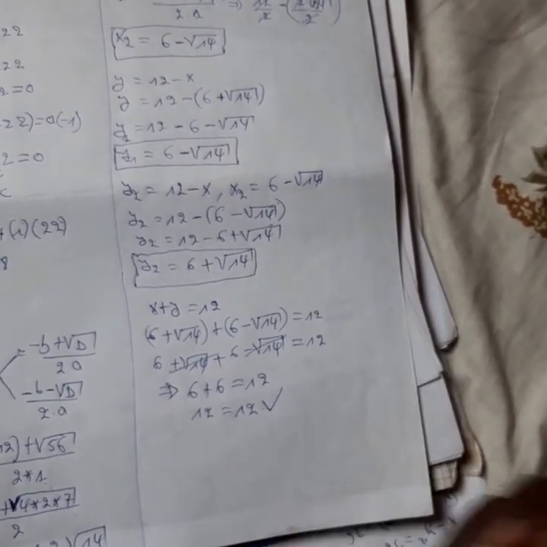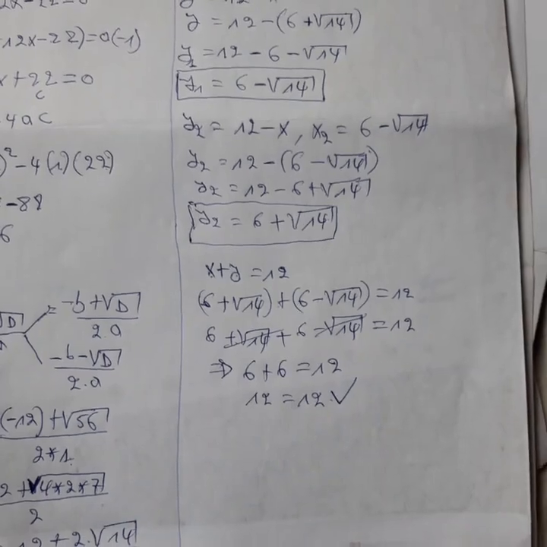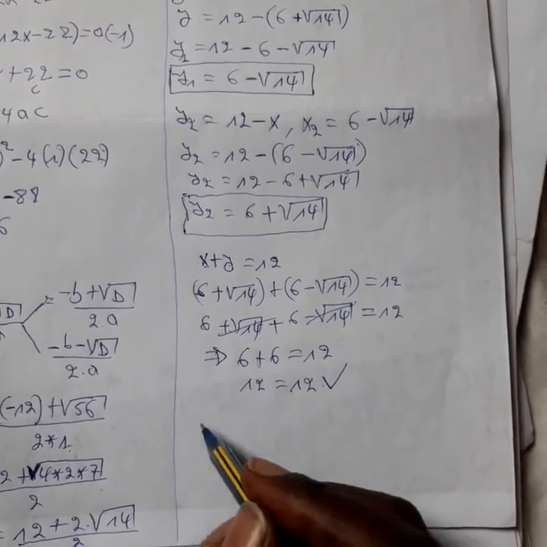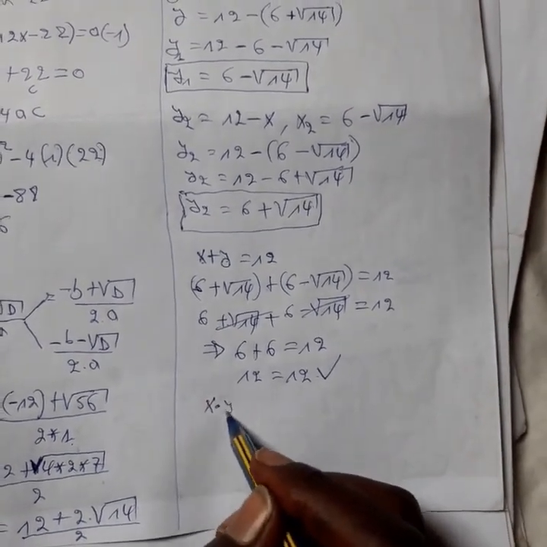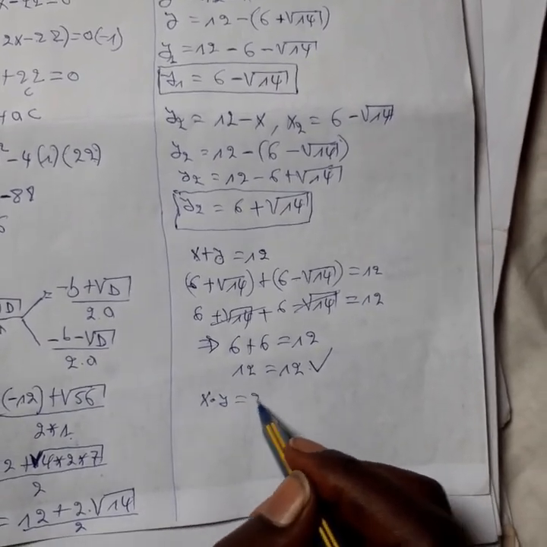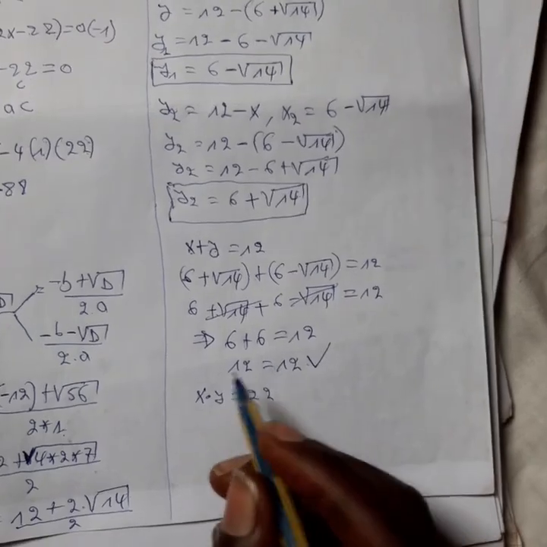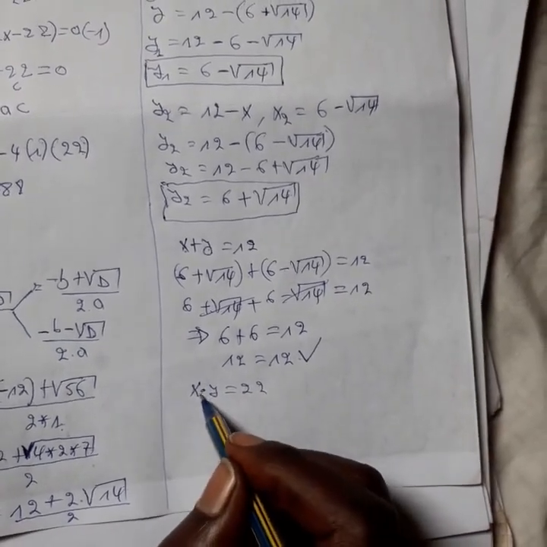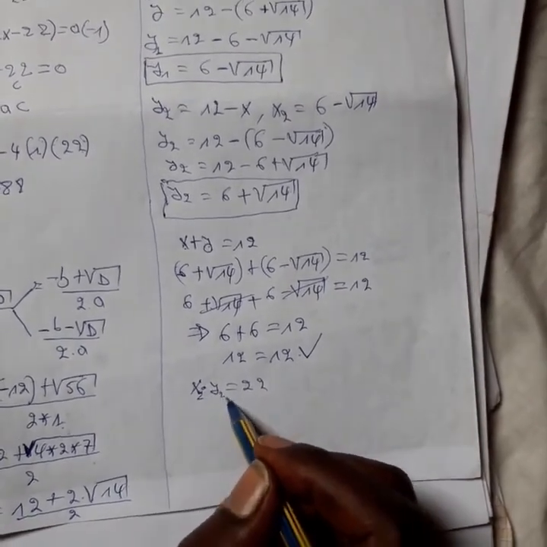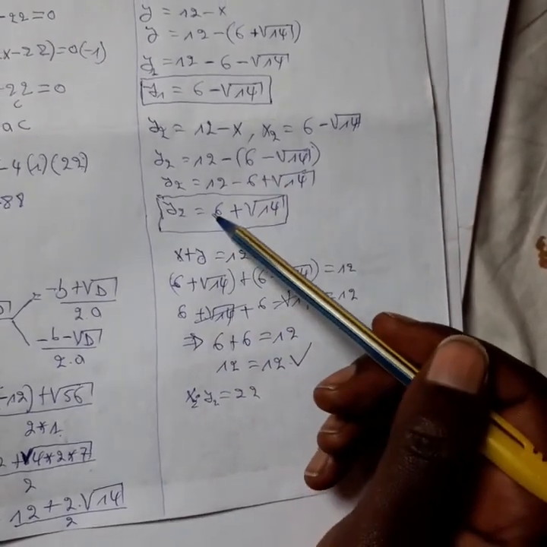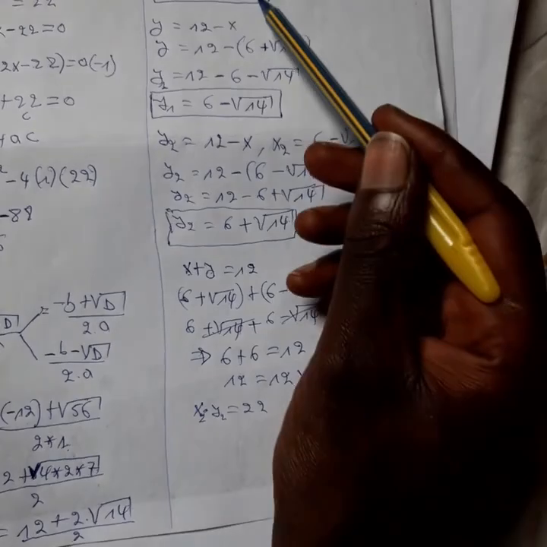Let's take a look at the second equation. We have x times y, which is equal to 22. Then x2 and y2, the y2 is this one and x2 is this one.